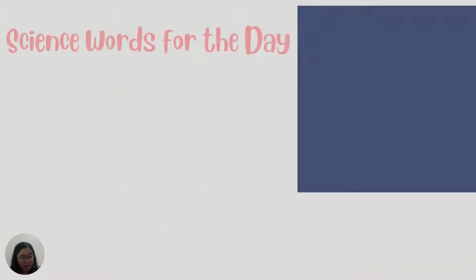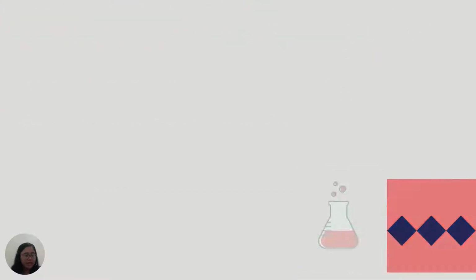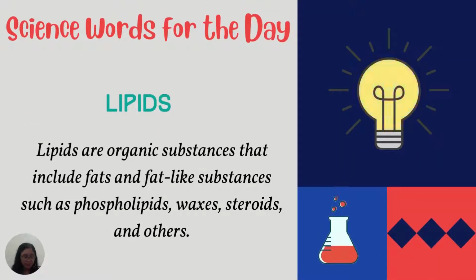Next we have the term carbohydrates. Carbohydrates are organic compounds that serve as the main energy source in all living organisms. Then we have lipids.